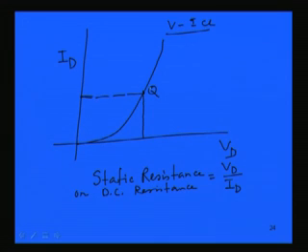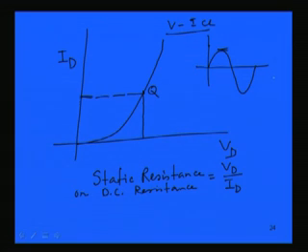But when you have a signal being given to the diode, like a sinusoidal voltage, as you can see, this voltage signal goes from a very high peak value to a lesser value like that. Now, if we apply a varying AC signal, we have to find out the dynamic resistance.